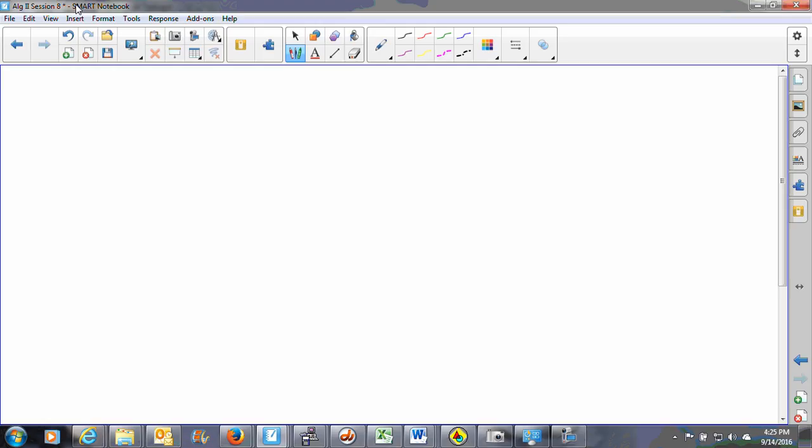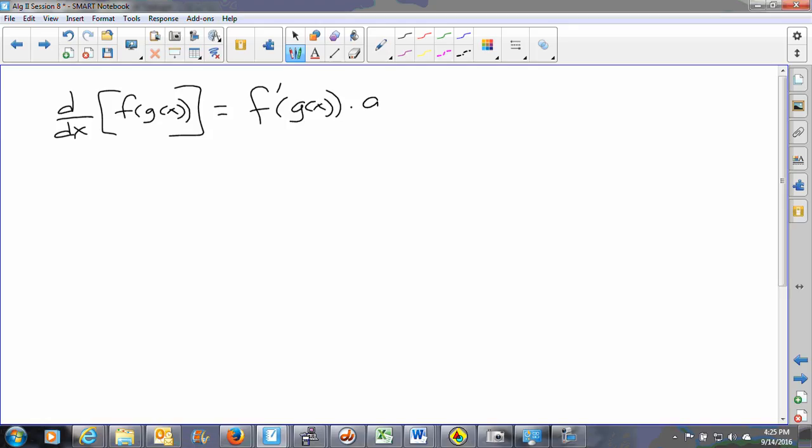First of all, the chain rule says that if you have a composition of functions, in other words, if you want to take the derivative with respect to x of f of g of x, then what you're going to get is f prime of g of x times g prime of x.